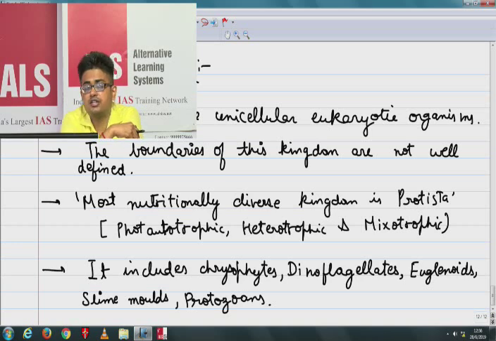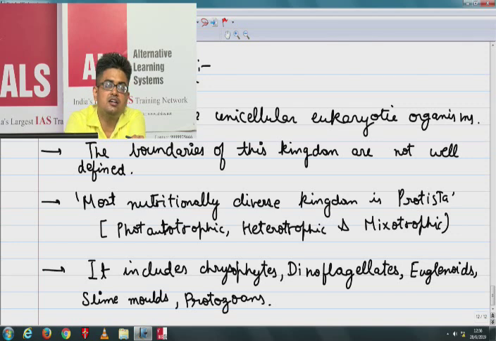Dinoflagellates and chrysophytes are basically like plants, like algae, but because they are unicellular, we keep them in kingdom Protista. Euglenoids are a unique type of organism which can produce its own food in the presence of sunlight, but when food is unavailable, it becomes heterotrophic and starts eating other bacteria and algae. So it is called mixotrophic.